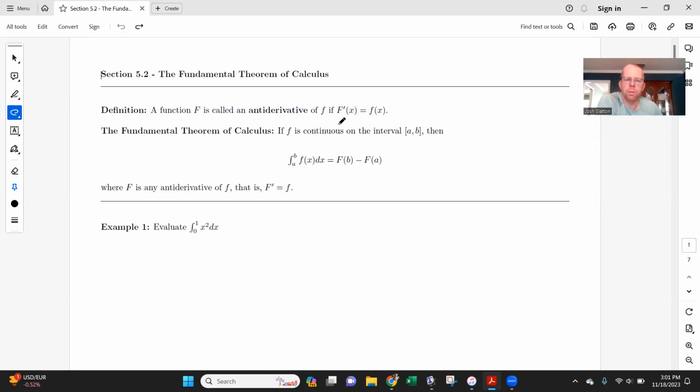So when we talk about the integral, we are talking about the area under a curve, or we could just be talking about the general antiderivative.